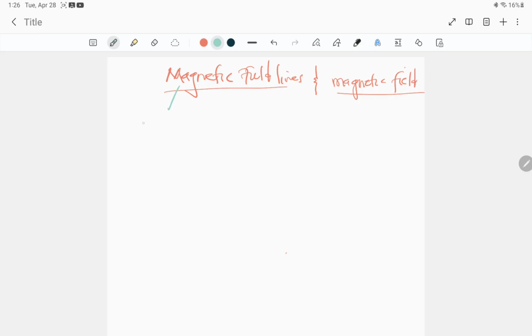We know that magnetic field lines are lines that run from the North Pole to the South Pole, from north to south poles of a magnet.